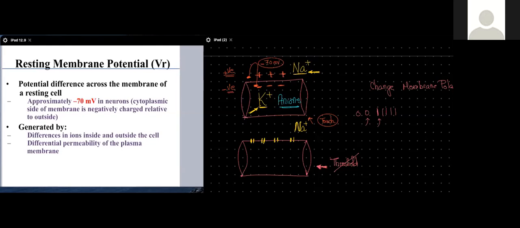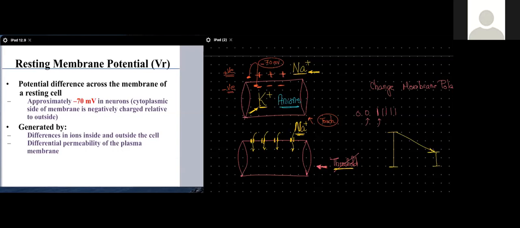Outside of the cell. So if I get enough stimulation or any stimulus, some of the sodium channels will open. So what's going to happen to the sodium? Remember, anything is going to be traveling from high concentration gradient to low concentration gradient.